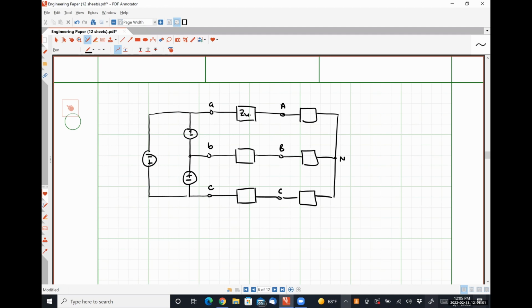I'm going to call this ZWA, ZWB, ZWC, representing our transmission line impedances.